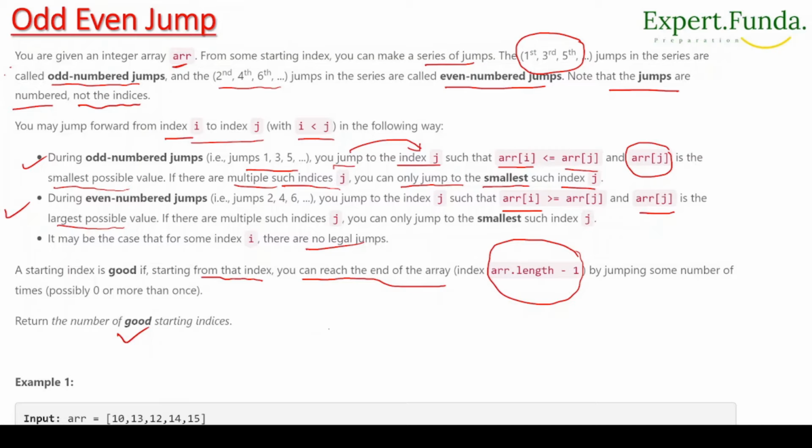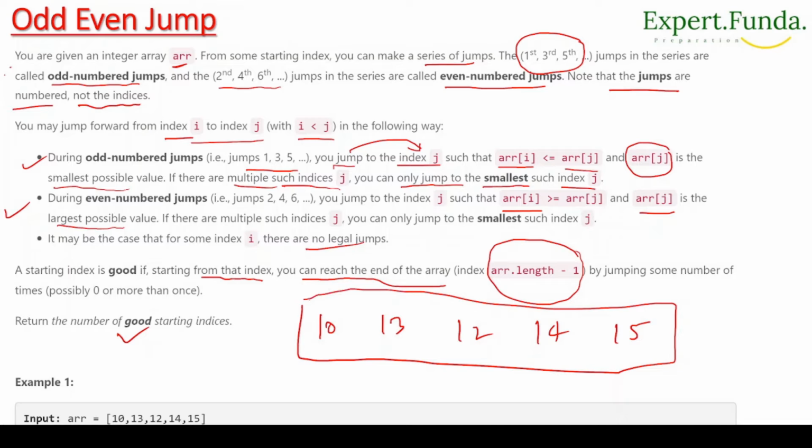In this example we have 10, 13, 12, 14 and 15. Let's suppose we are talking about this one. This is the array we have been given, with indices 0, 1, 2, 3 and 4.